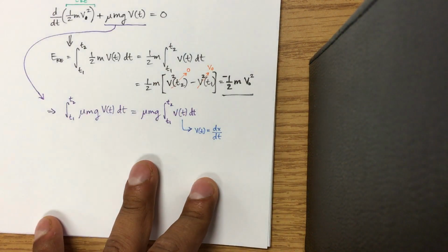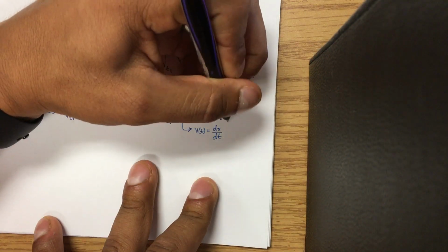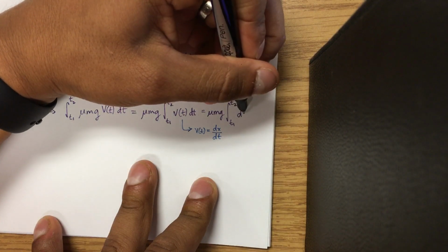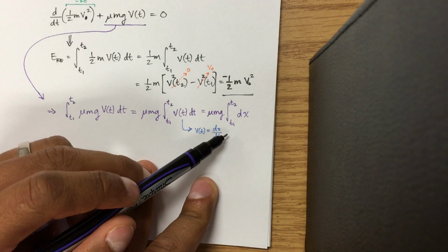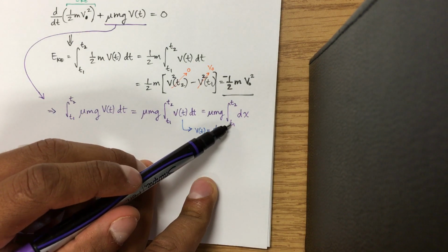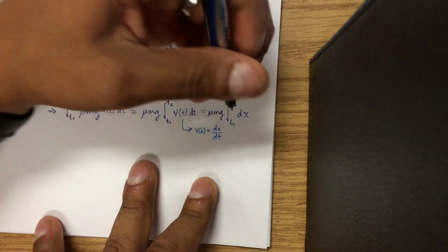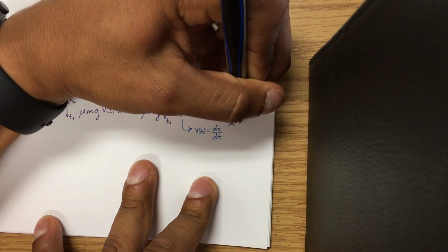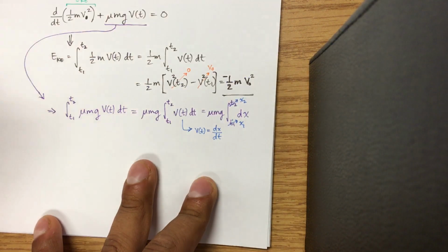So if I substitute that in, this is mu mg, and this is the integral of dx, where by this transformation I need to update the limits of my integration to be from x1 to x2.